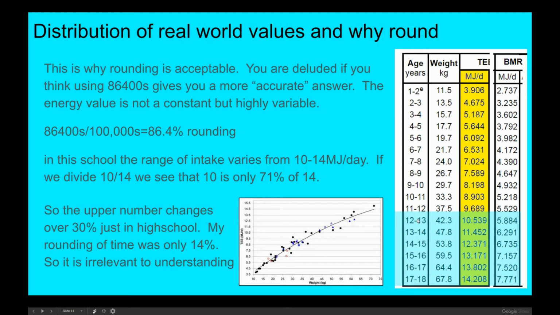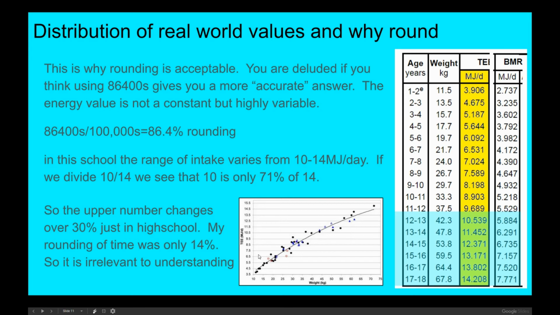So my rounding of the number of seconds in a day is half an error compared to not dealing with the fact that the 10 megajoules a day is an average for an entire human lifetime, and yet in your teen years it swings through these values. And this is what it is if you adjust for your weight. If you look at different weights of people, their intake goes from 3 to 15 megajoules a day.